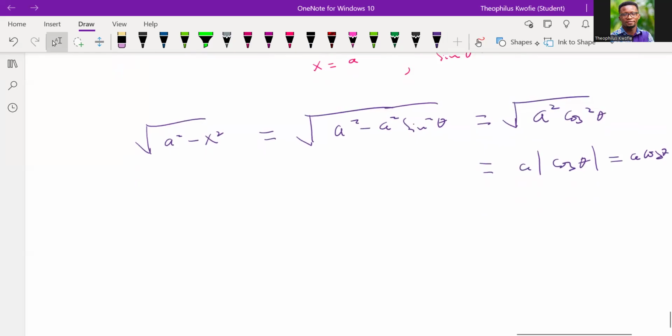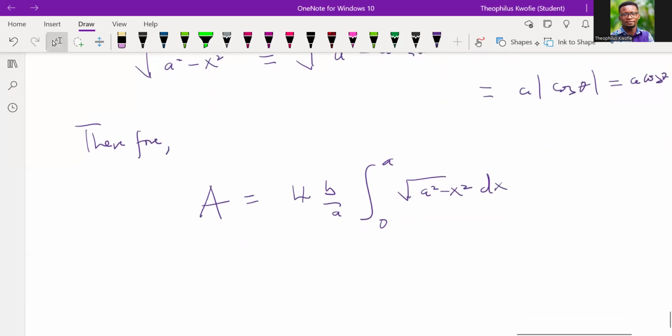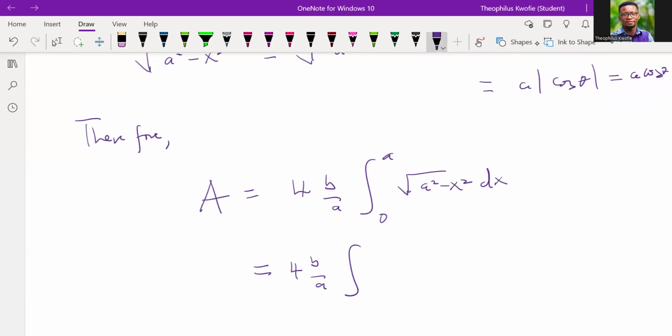So let's get going. Therefore, we should have our area equal to 4 multiplying a on b, which was given to us. But remember, we made an appropriate change in the limit of the integration, so it started from 0 to pi on 2.